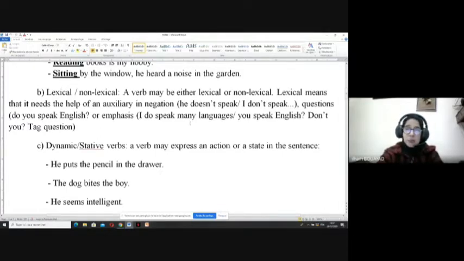Except there are some modals like need and dare. I can say, I don't need your help. So here, need is functioning as a main verb, and it is lexical. Why? Because I say, I don't need, that is, I am in need of do in order to make negation.